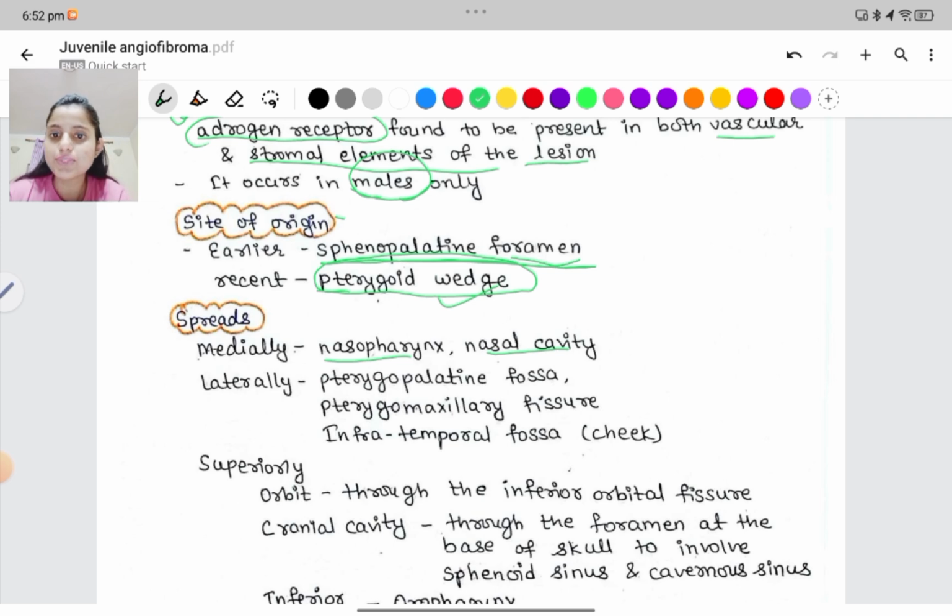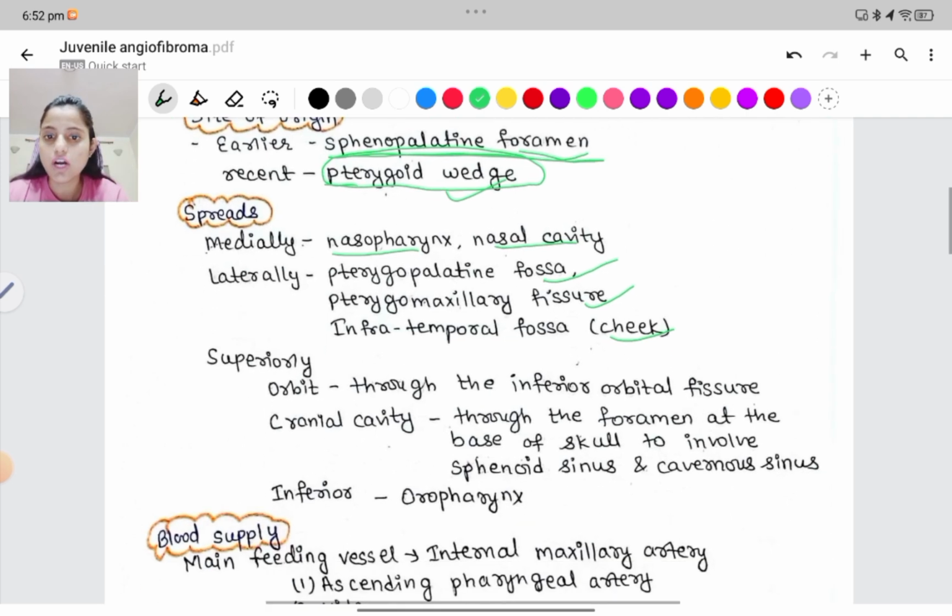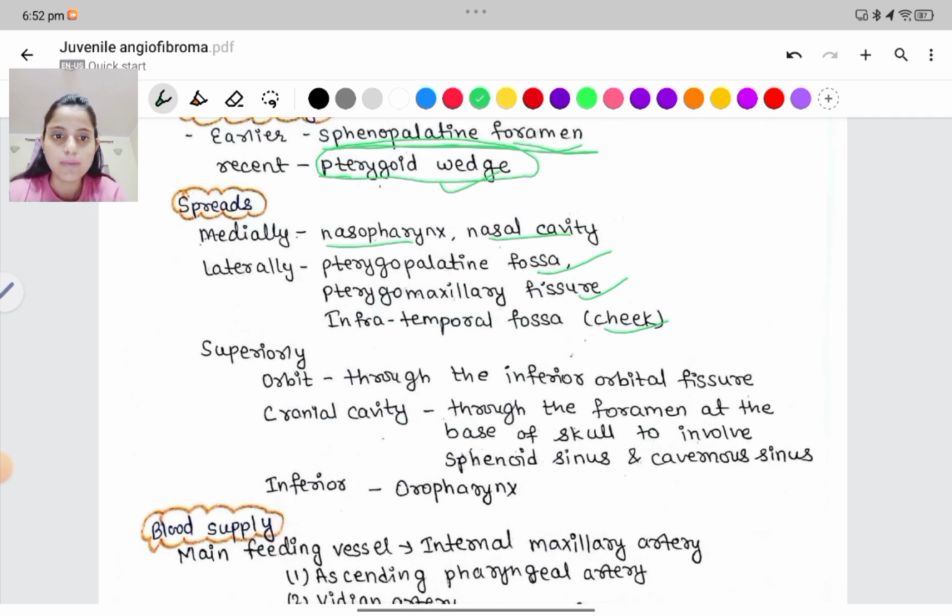Laterally, it spreads through the pterygopalatine fossa, pterygomaxillary fissure, and the infratemporal fossa, cheek. Superiorly, it involves the orbit through the inferior orbital fissure, and the cranial cavity through the foramina at the base of the skull to involve the sphenoid sinus and the cavernous sinus. Inferiorly, it involves the oropharynx. So it can spread medially, laterally, superiorly, and inferiorly.